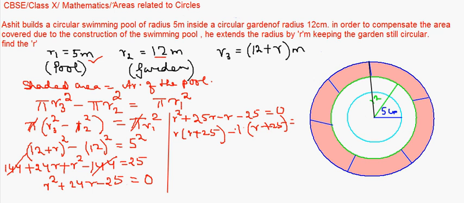The two factors I'm getting are r minus 1 and r plus 25, that is r equals 1 and r equals minus 25. A negative radius is not possible. So the r we are getting, the length by which this has been extended, is 1 meter. Hope you got this right.